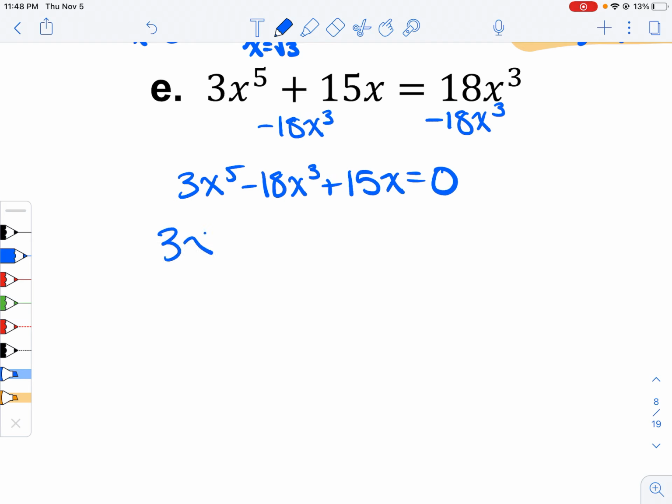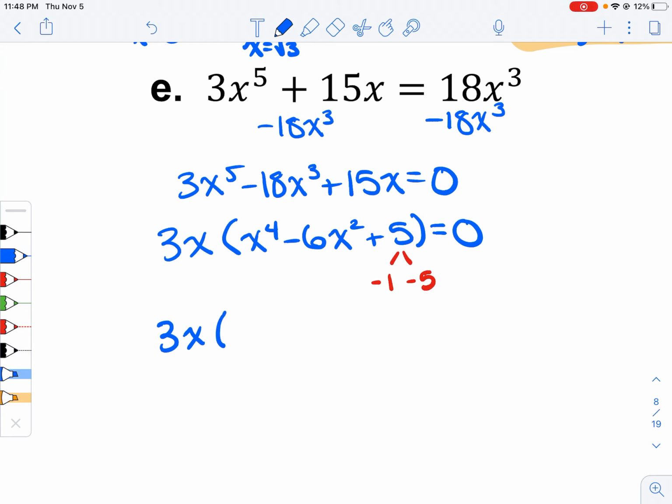Can pull out a 3x, so that would leave me with x to the 4th minus 6x squared plus 5 equal to 0. I want to find the factors of positive 5 that add to -6. -1 and -5 would get me there. So I have 3x times x squared minus 1, x squared minus 5 equal to 0.